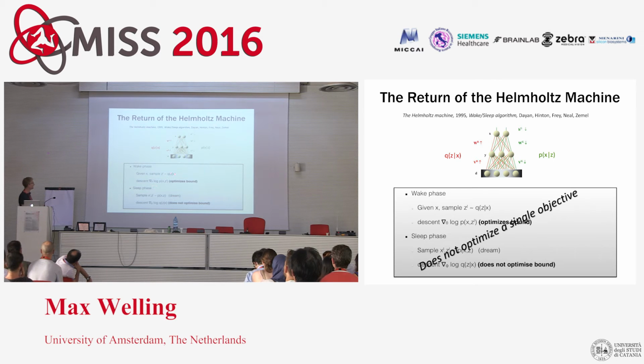So now you have samples for both x and z, where x is the data and z is from your model, and then you can compute a gradient update in order to improve your parameters of your generative model P. So you can think of the sampling as the E step in some sense, and then the update is an M step, basically.